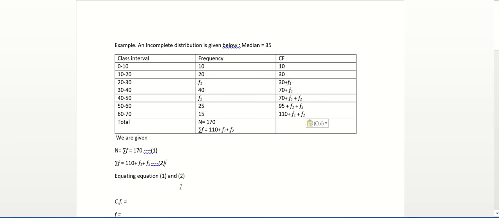So this becomes 170 equals 110 plus F1 plus F2.